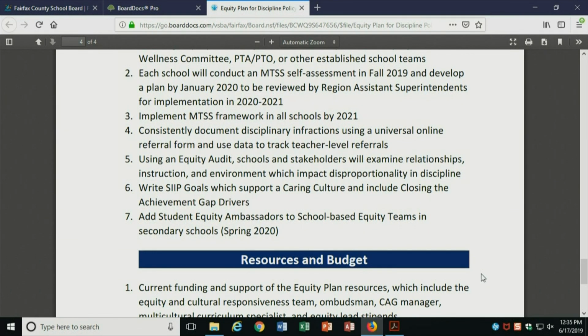And then the last thing, something I'm very excited about, I was down in Henrico County visiting one of their schools, and some students were giving me a tour, and I asked who they were, and they told me they were the equity ambassadors. And Henrico County has developed what we've done and taken it further. We have an equity lead, which is a staff person, but they actually have identified students who are equity ambassadors for their schools who receive training and support around looking at the student voice, bringing it into their school.